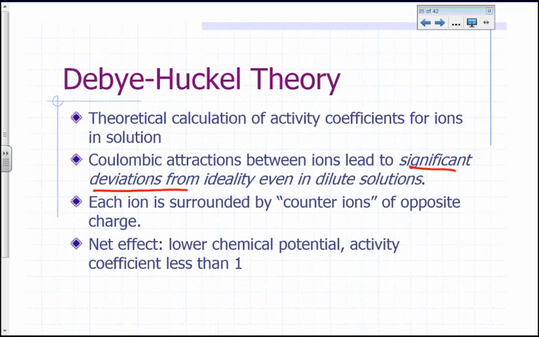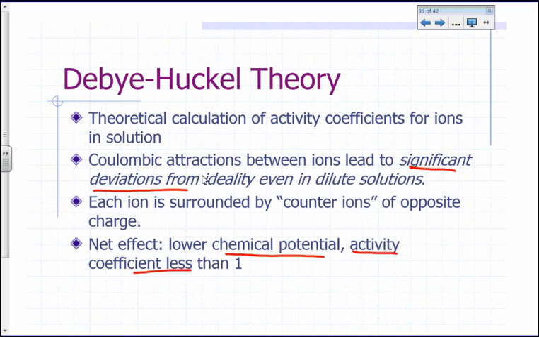Each ion in solution would be surrounded by counter ions of opposite charge, which would be attracted to it. The net effect of all of these interactions is a significantly lower chemical potential for ions in solution compared to ideal solute particles. So the activity coefficient for ionic solutes we expect to be significantly less than 1.